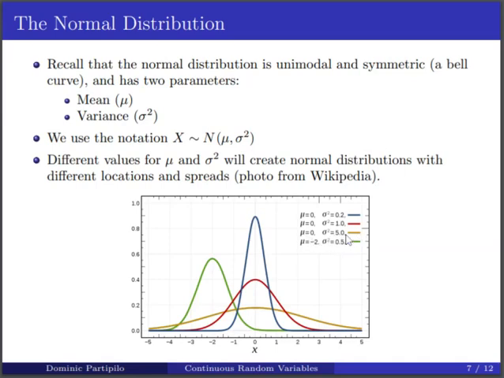And then the same thing goes with this goldish curve here. It has an even higher variance, so it's going to be flatter and wider than even the red one. And then this green one, it has a variance of 0.5, but the difference here really to note is that it's centered at -2. That's the mean, so that's where it's going to be centered. So based on the parameters that we give it, we can end up with different types of normal distributions.